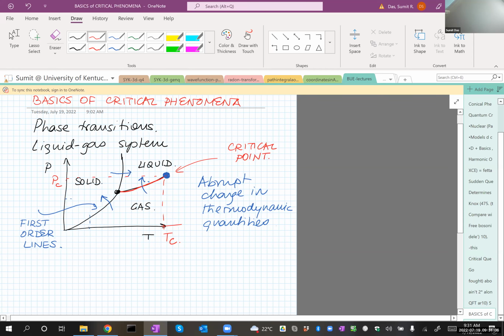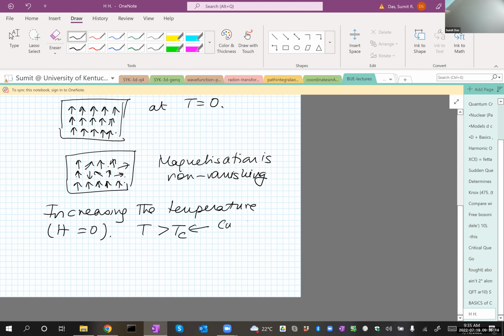However, if I keep increasing the temperature, without any magnetic field, what happens is that beyond a certain temperature, this is called the Curie point, this system looks like something like that.